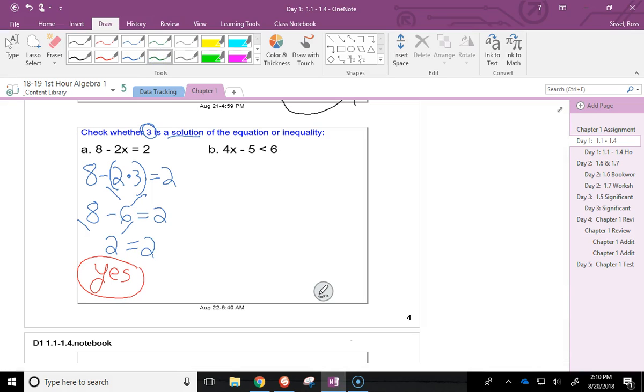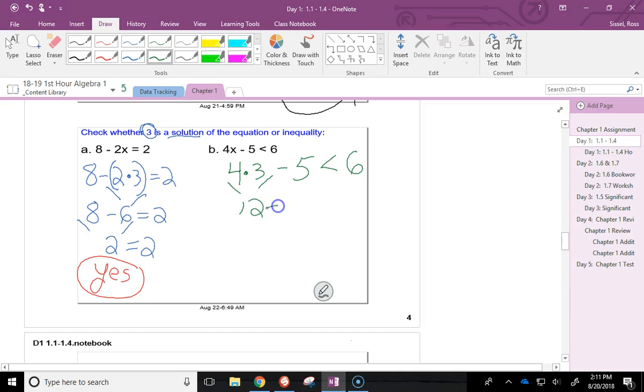Switch your colors. Do the B. 4x, so I'm going to put 4 times, I'm substituting 3 in for the x. Minus 5 is less than 6. Remember, the less than, all that is, it's instead of using an equal sign, it's saying less than. It's comparing. It's kind of like our teeter-totter. Is it equal? Is it less than? Is it greater than? So let's solve for this left side. 4 times 3 is 12.